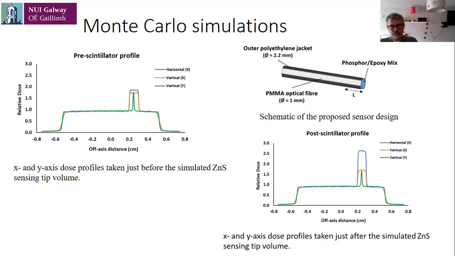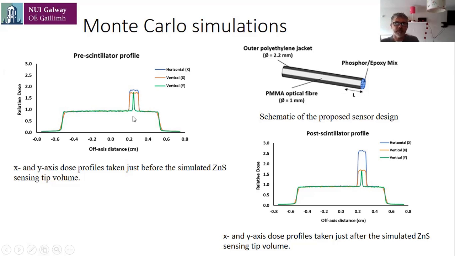scintillating material. Then we can look parallel and perpendicular to the beam, or what we call here horizontal and vertical. And we can look just before the scintillator, so just before the detector or sensor, and then just afterwards. This allows us to look at voxels and see, does the actual fiber perturb the dose in the beam?